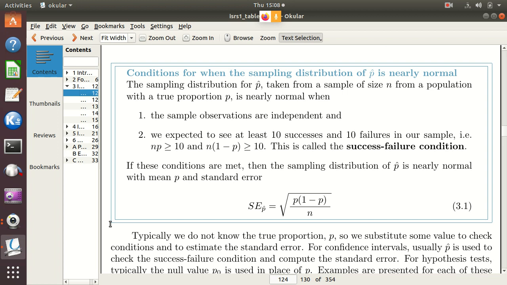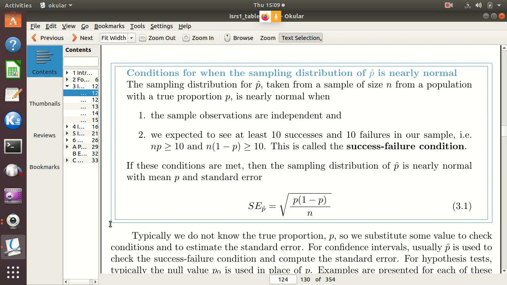Okay, so that's just n times p. And my expected number of failures in that case would be 15, or it's just the 20 minus 5 is another way to look at it. But both of those, they're saying, have to be at least 10.